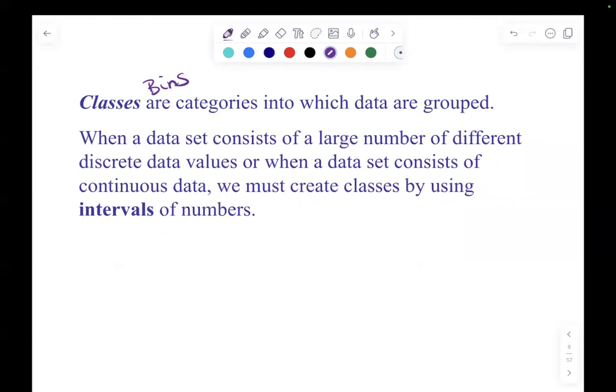So I might split it up into intervals, like 0 to 4, 5 to 9, 10 to 14. These are called creating classes or bins using these intervals. I'm going to show you what this looks like, and there's no rule about the size or how you break it up.